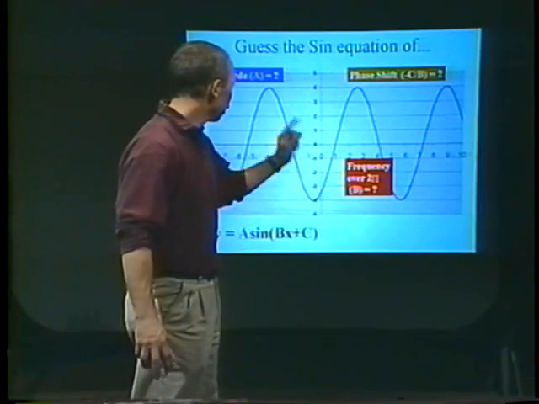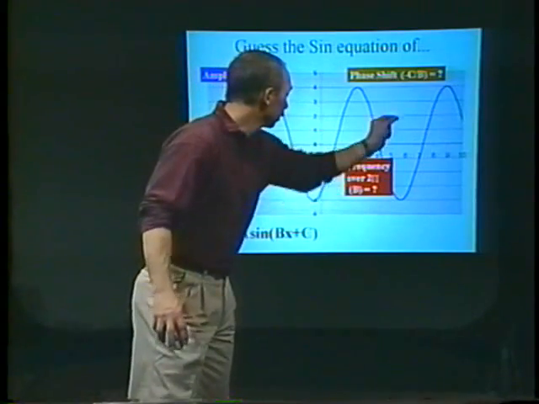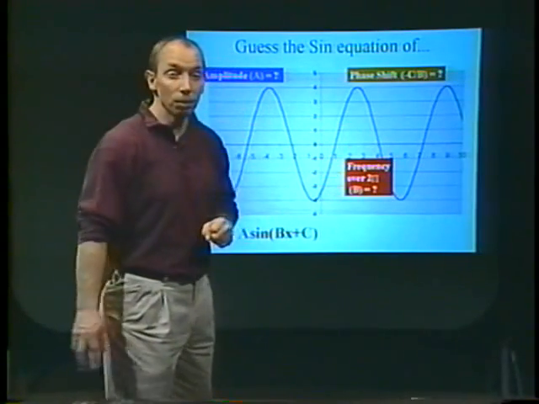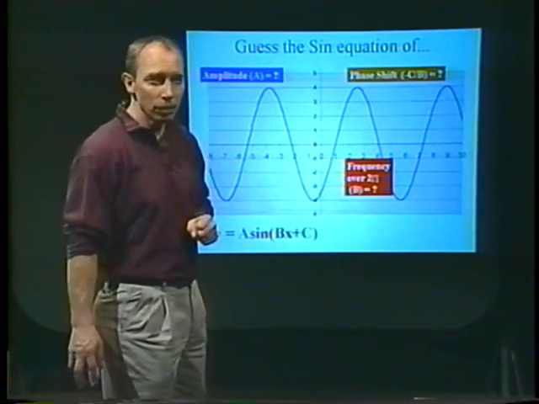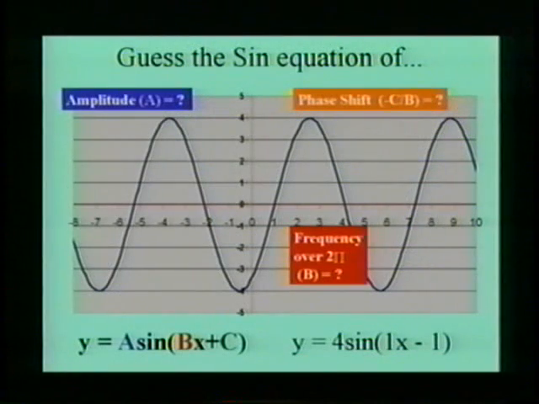So if I start here and go to the S thing, it looks like my frequency is 1 as well. So a possible one would be y equals 4 sine 1x minus 1. Why did I get minus 1? Because the phase shift appears to have moved over to the right, and the phase shift is minus c over b, so I needed a minus 1 there.